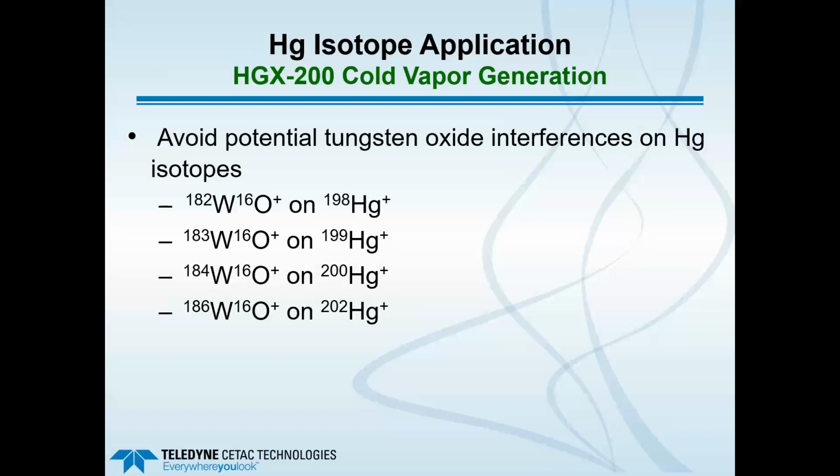So it stays in the liquid and is simply pumped out to waste. So that can be very beneficial if you are doing a study of mercury isotopes. And of course, it's certainly of interest. Mercury is a toxic element. It's a priority pollutant. So eliminating that tungsten oxide by using this type of reaction is certainly of note.